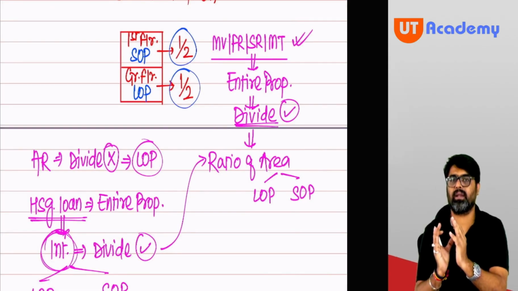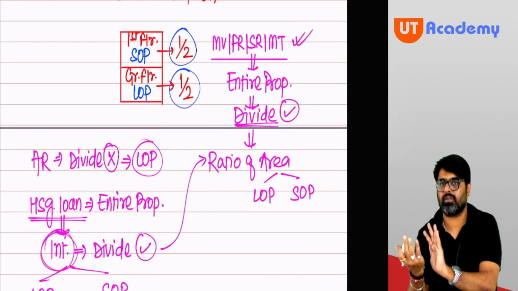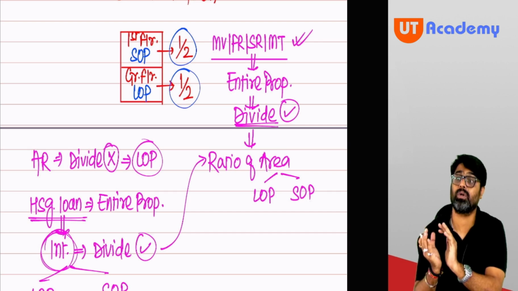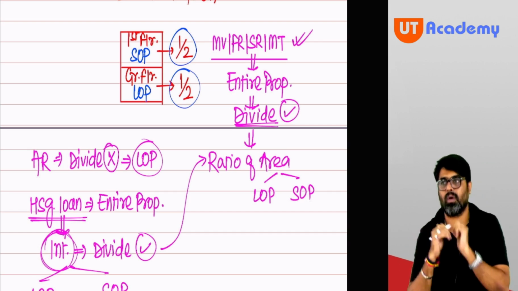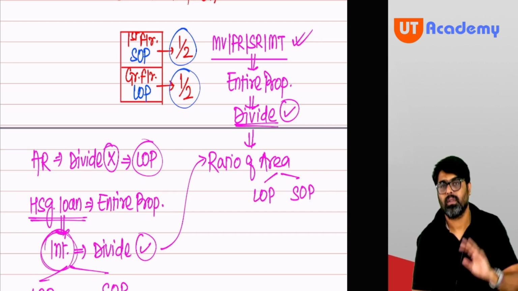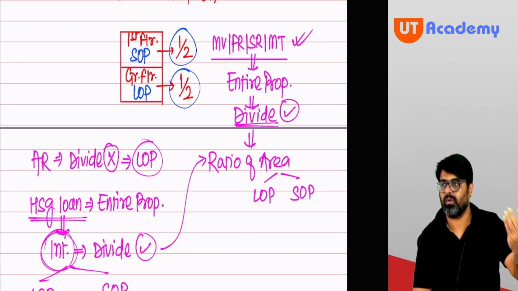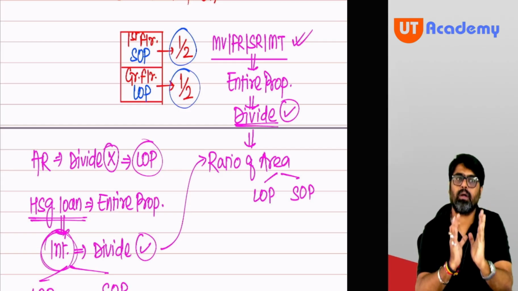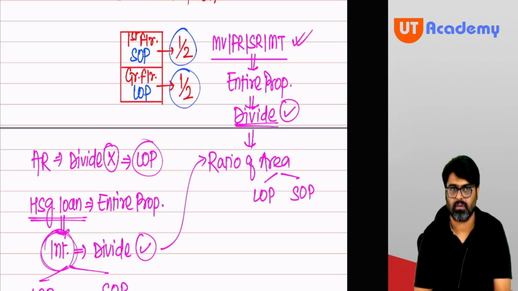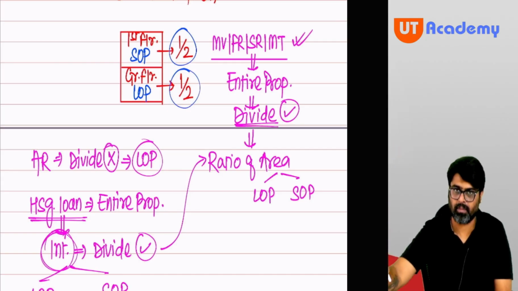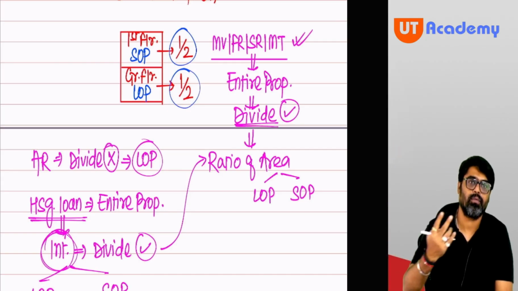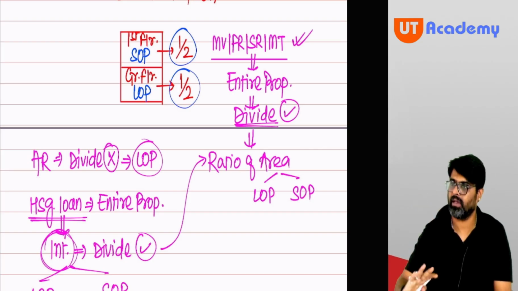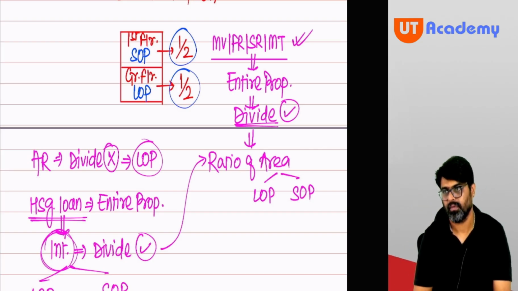The interest related to the let out portion will be fully allowed to calculate the income of the let out portion. The interest of the self-occupied portion will be allowed from the annual value of the self-occupied portion, subject to the limit of 30,000 or 2 lakhs as the case may be.